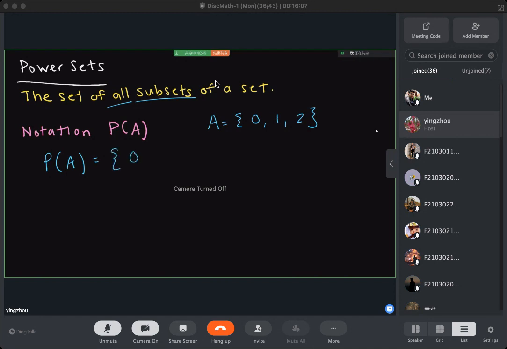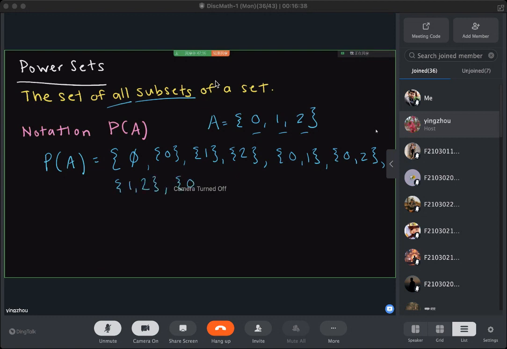So the subsets would be the empty set, because again, I'm looking at these elements. I could have none of those elements. I could have one of those elements. I could have two of those elements, 0, 1, 0, 2, or 1, 2.